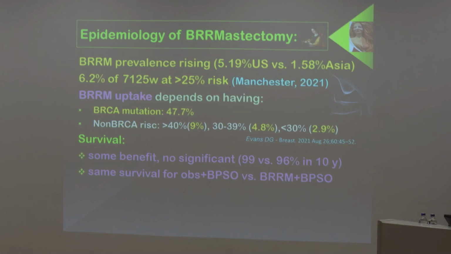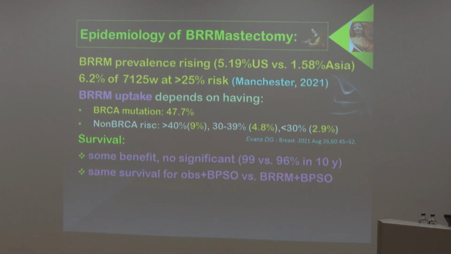The epidemiology: the prevalence of bilateral risk reduction mammectomy is rising, not in the same way, much more in the United States than in Asia. For a population of more than 25% risk, it was 6.2%. But the uptake of bilateral risk reduction mammectomy depends on something.